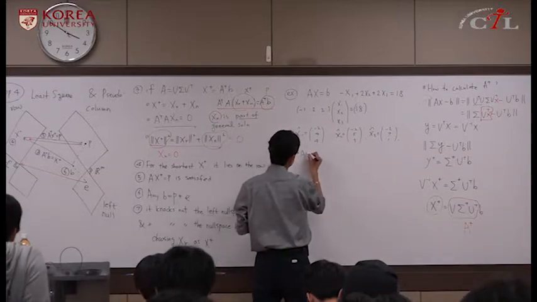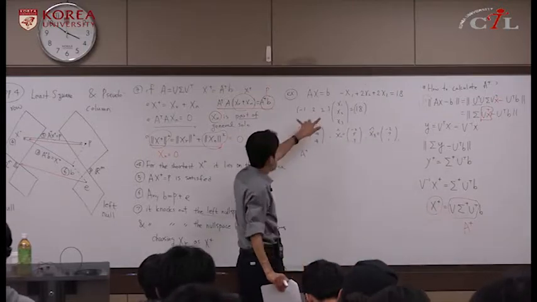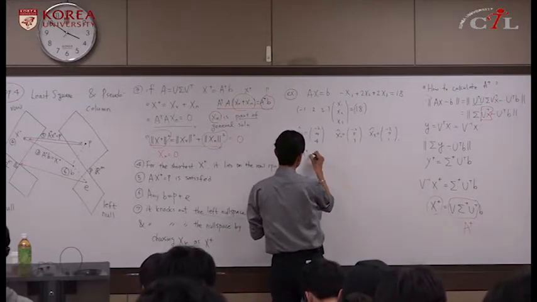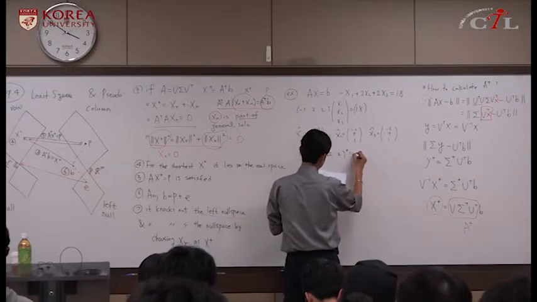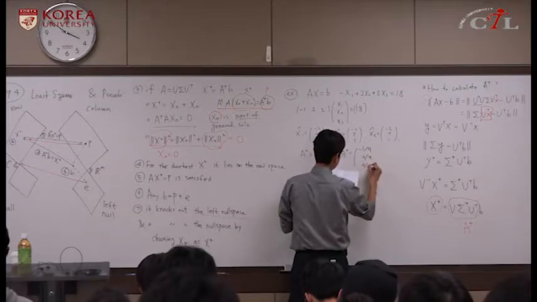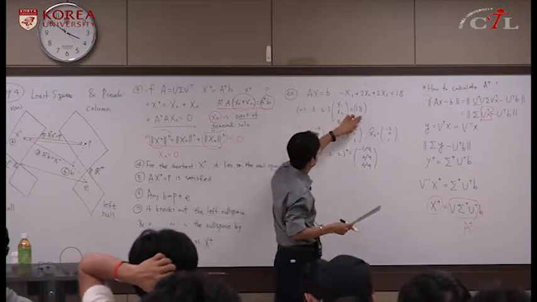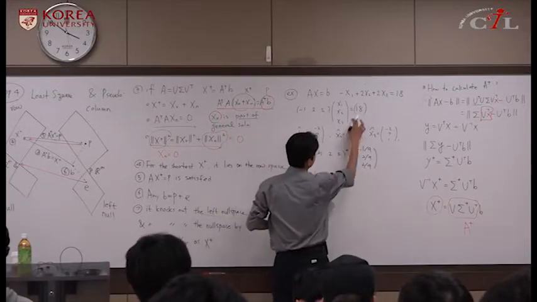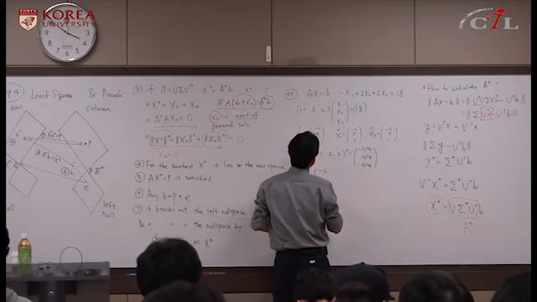Then, using the equation, this is A, we may be able to do the singular value decomposition for this rectangular matrix, and we may be able to find A pseudo. Then A pseudo is given to be -1, 2, 2, which finally turned out to be like this. This is A pseudo. Then multiplying A pseudo to B, multiplying 18 here, then X pseudo is given to be 18 here, -2, 4, 4.